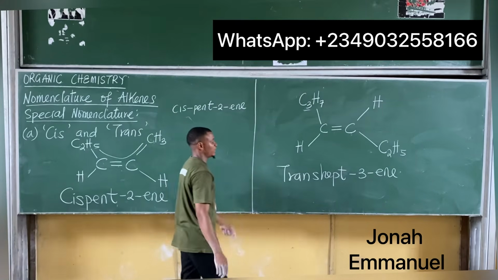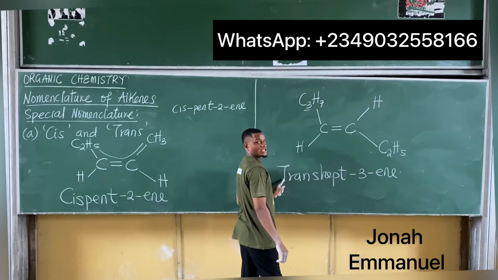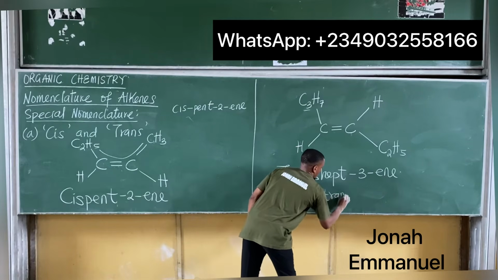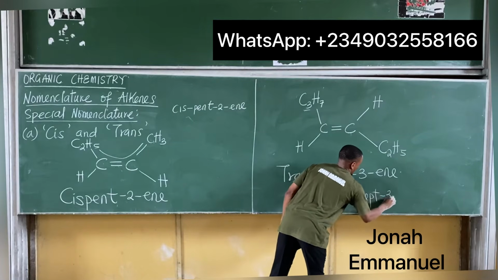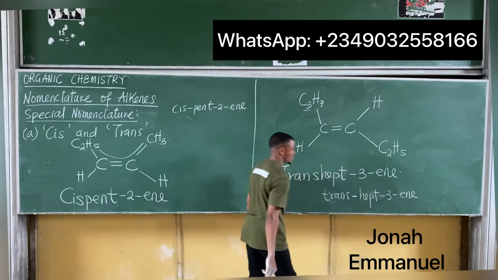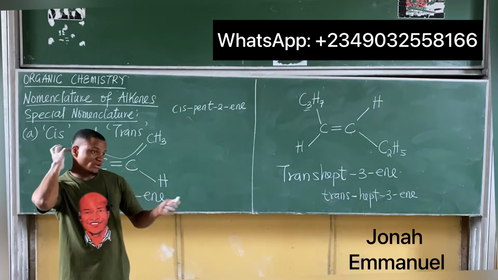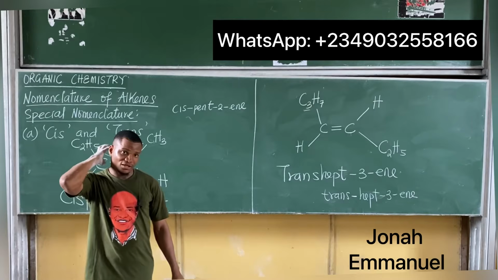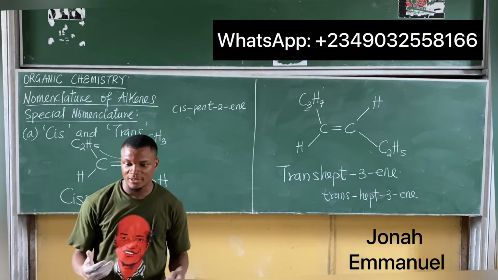If that's what is there, then no problem. You can feel free to use that one, with small letters. Likewise trans-hept-3-ene. It's not a major problem. You already know how it looks. At least you know how it's named. Just put a hyphen and use small letters.